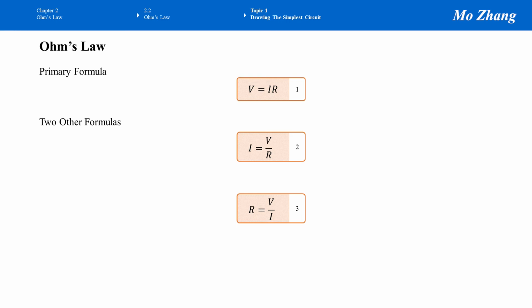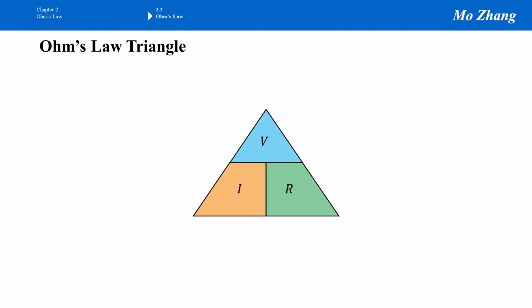When I get a question and I need to solve for unknown quantities, I just use this formula, substitute the given information, and apply algebra to figure out the unknown quantity. However, if you can remember the other two Ohm's law formulas, that can speed up the process of solving problems.